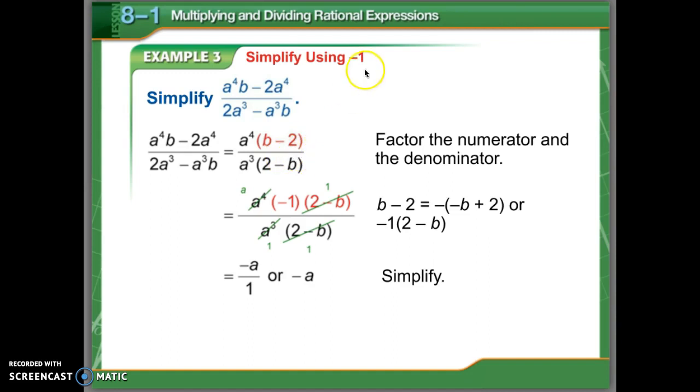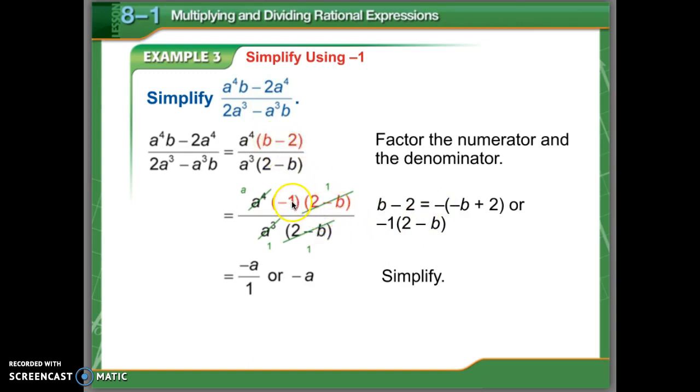They're just flipped. The order is flipped. When you have the order flipped, if you multiply it by -1, then it flips it back into the correct order that you're looking for. So if you take b minus 2 and you multiply it by -1, then you're going to get 2 minus b.